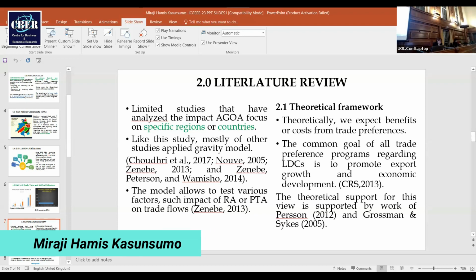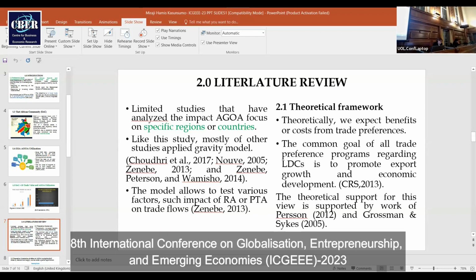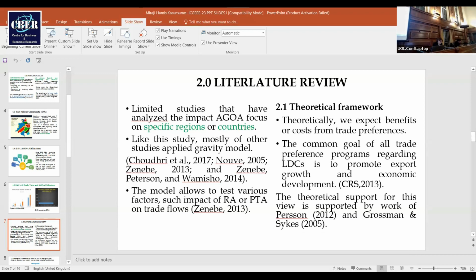Most other studies applied the gravity model, and these are some of the authors who applied this model to analyze the impact of AGOA. The strength of this model is that it allows testing various factors, such as regional agreements or preferential trade agreements, on trade flow. Theoretically, we expect benefit or cost from trade preference.